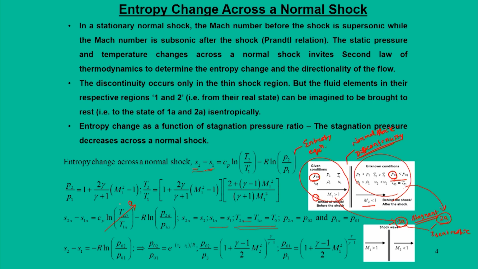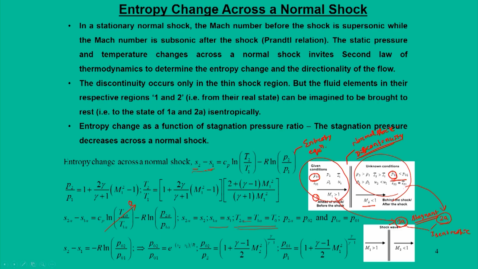When this term vanishes, we rewrite S2A as S2 and S1A as S1, because these are two hypothetical states for the corresponding actual states. So we can rewrite this equation as S2 minus S1 is equal to minus R ln P naught 2 by P naught 1. This is a logarithmic relation.